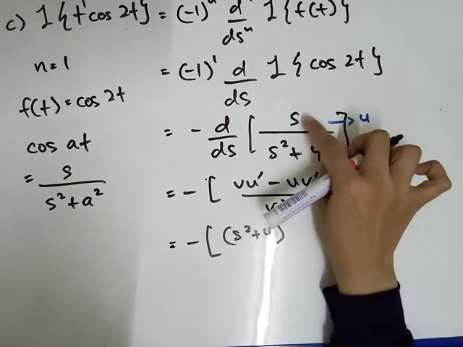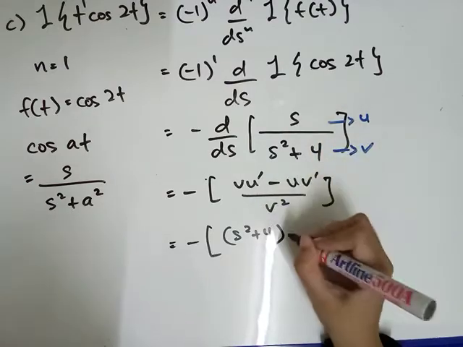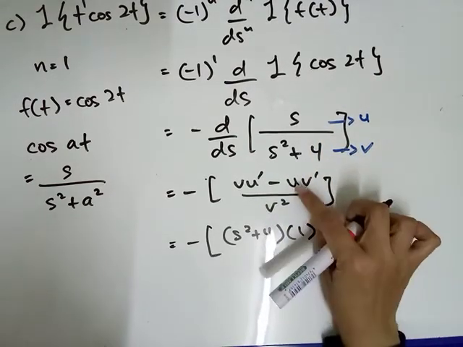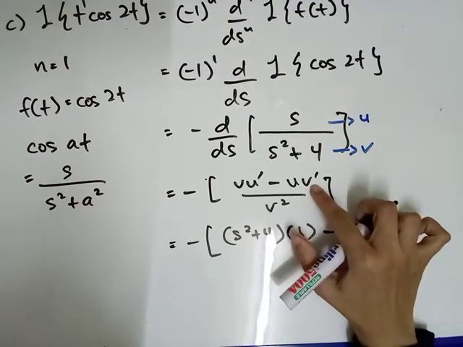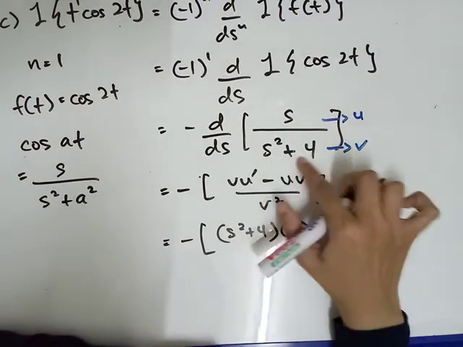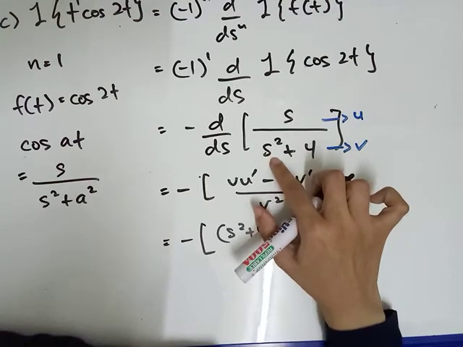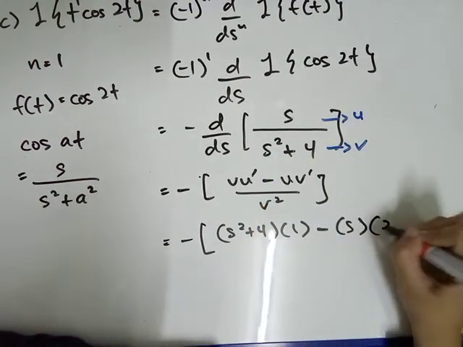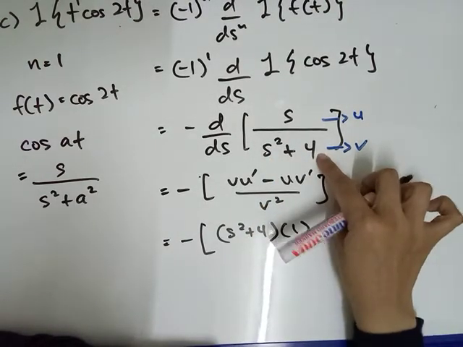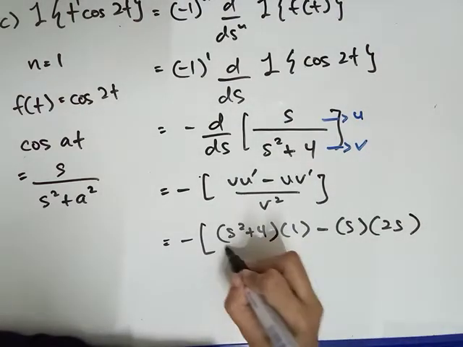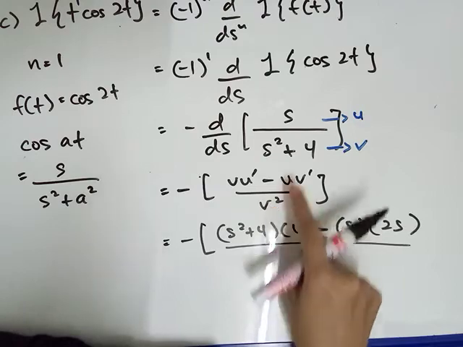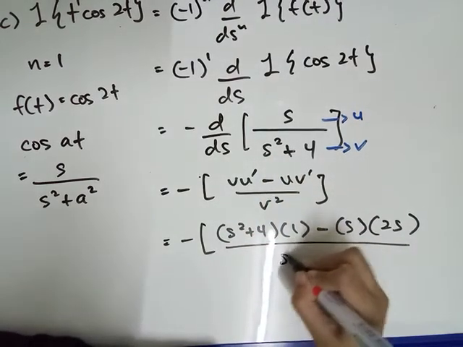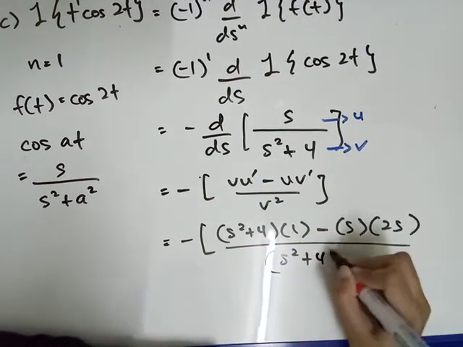What is u? U is s. So differentiate s, we get 1. Minus u, which is s, multiply with v prime. V is s square plus 4. Differentiate s square, we get 2s. Differentiate 4, we get 0. And then divided by v square, s square plus 4 power 2.